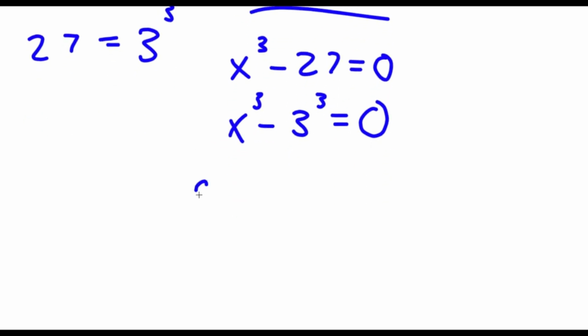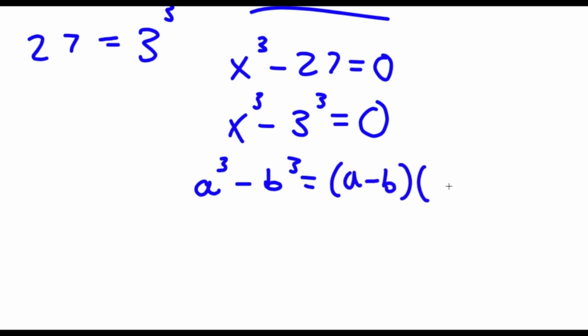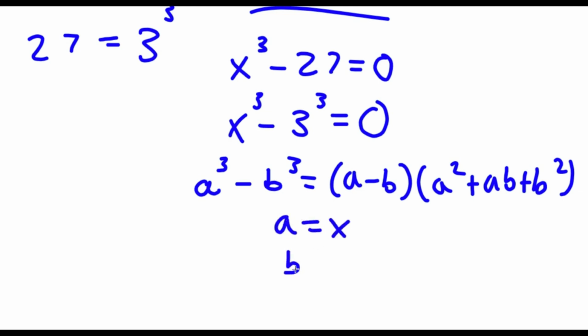Now, if I have something in the form a to the power of 3 minus b to the power of 3, this is equal to a minus b times a squared plus ab plus b squared. So in this case, a is equal to x and b is equal to 3.